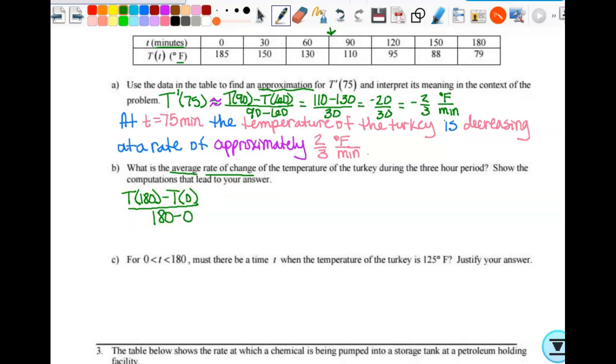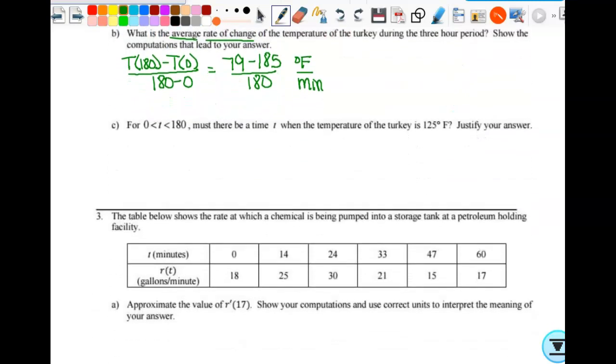Okay? So this gives me 79 minus 185 over 180. Non-calculator question. And we could leave it here as degrees Fahrenheit per minute.